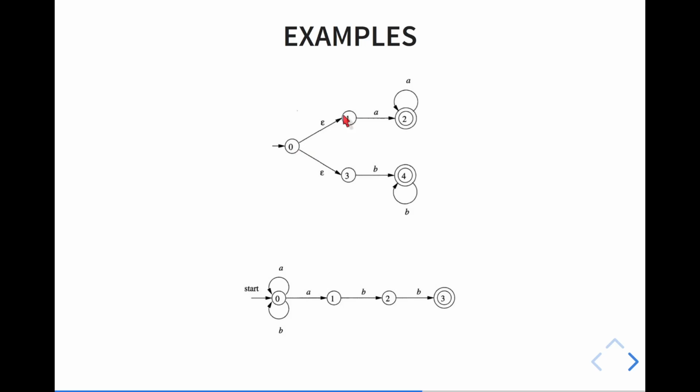And then, if you see an A or a B in the input, you could potentially be in either 2 or 4. So if you are in states 1 and 3 and you see B, then you're in state 4 because there's no transition from 1 on B. But anyway, this is an example of epsilon transitions to enter multiple states at the same time.